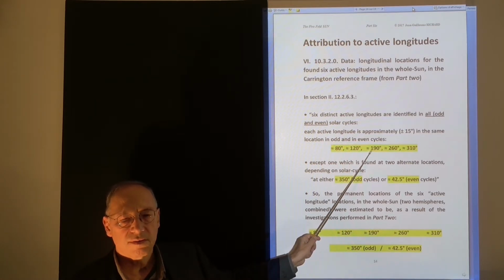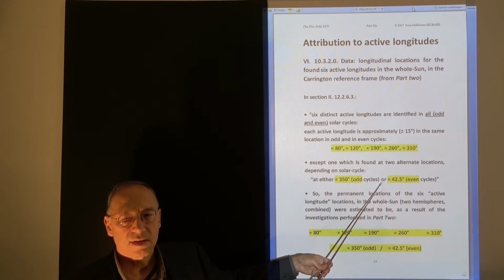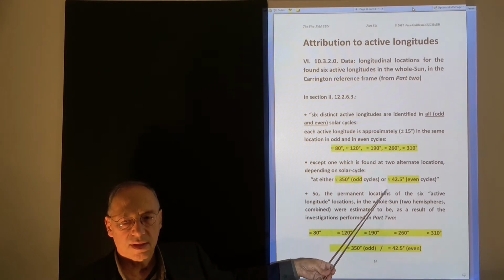These were the found estimates for the Carrington longitude of these spatial alignments, and this is the sixth place, which is not the same in odd and in even cycles, apparently, based on the limited data at hand.